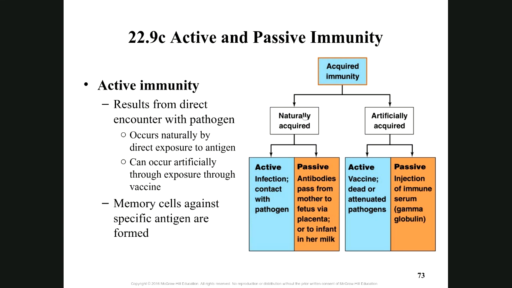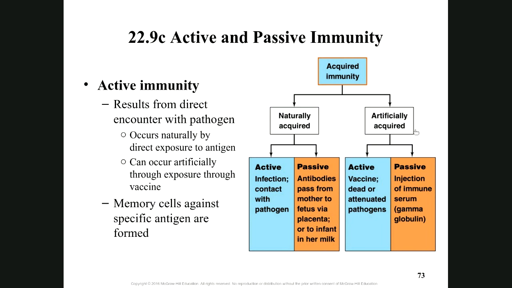make its own antibody, sometimes when we are exposed to a specific pathogen, or it may be passive when the antibody passes through the placenta from mother to fetus and brings immunity for that. But sometimes we have artificially acquired immunity.